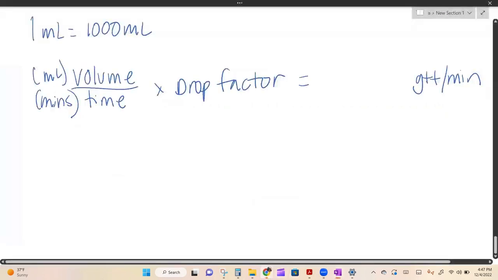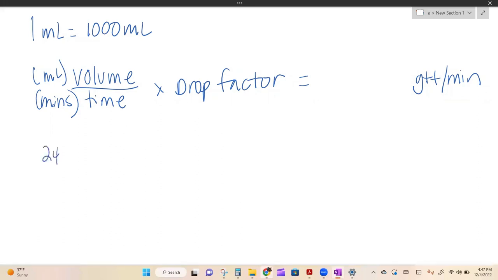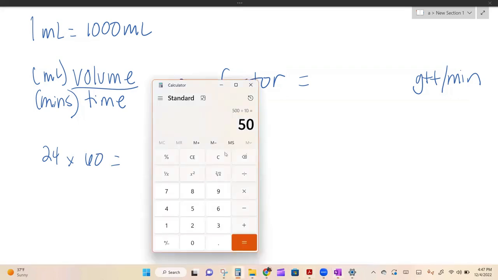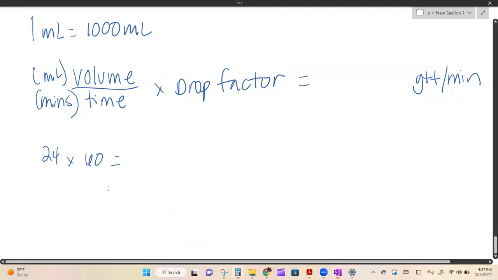But we should figure out the time in minutes. So if we have 24 hours, and we multiply that by 60 to get minutes, because 60 minutes are in an hour, we get that there are 1,440 minutes in 24 hours.